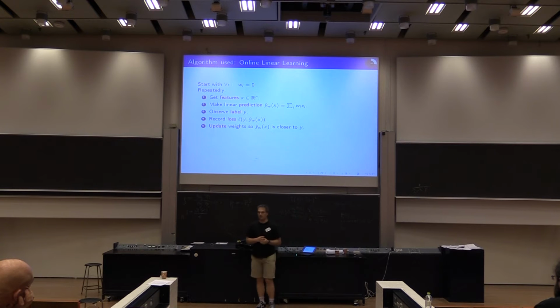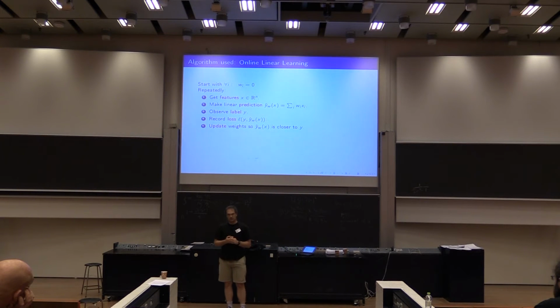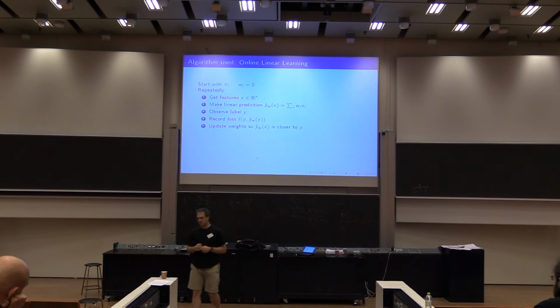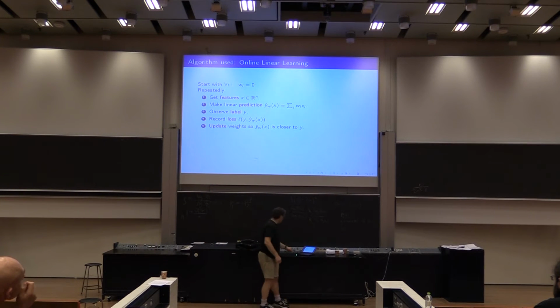Okay, so the algorithm that we used was not a matrix inversion. Instead, it was online learning. So online learning, I think, is becoming much more popular for obvious reasons. But the basic idea is that we start in some initial state. Maybe it's weights all 0, as it was here. And then you're just going to operate on one example at a time.